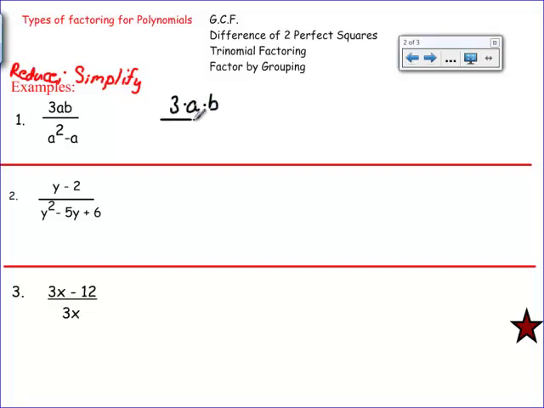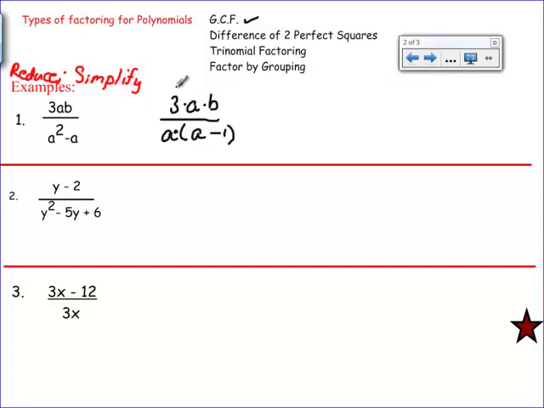There, I factored. I have to factor the bottom. I'm going to do greatest common factor first. a times a minus 1. Now, on the bottom here, I have 2 factors. The first factor is a, and the second factor is a minus 1.